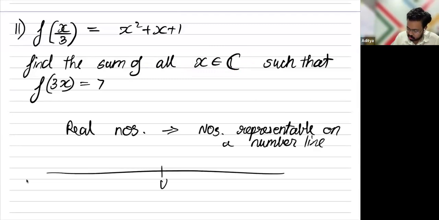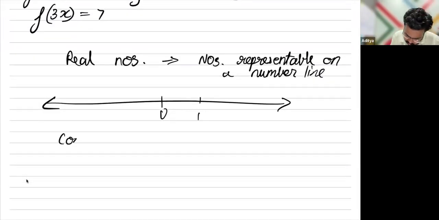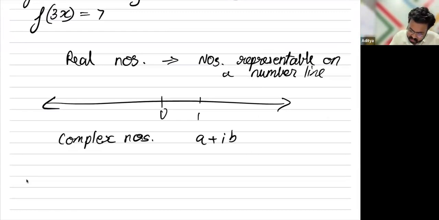So you have 0, you have 1, every number in between, and then everything there. Complex numbers include all the real numbers and are of the form a plus ib, where this i is the imaginary square root of unity.